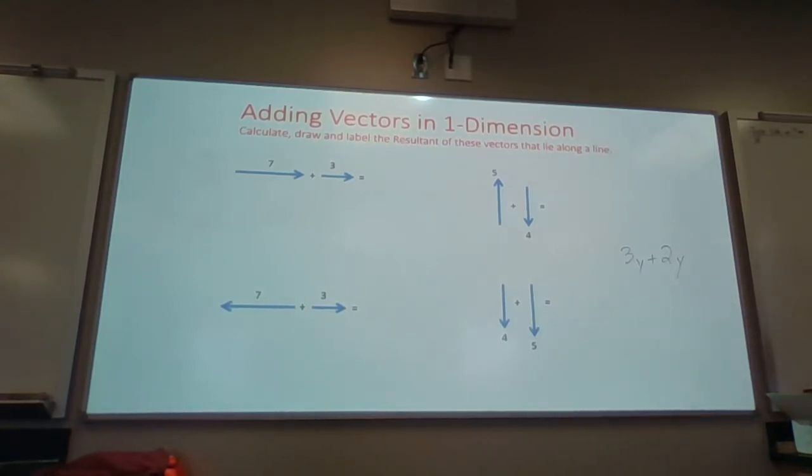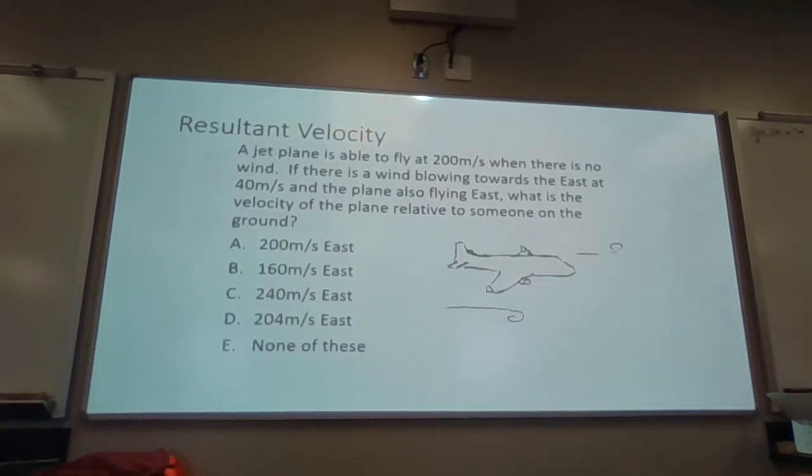In the same way, you can't add force and velocity or displacement and acceleration. They have different units. But you can add acceleration plus acceleration. So one application is in terms of velocity.